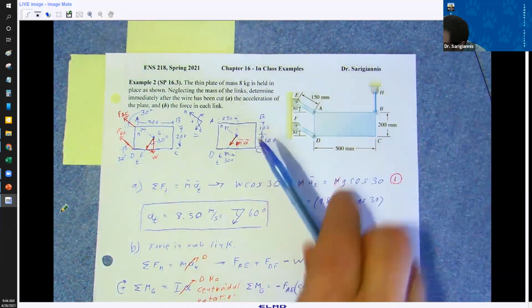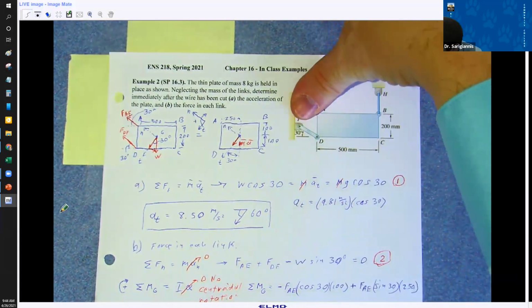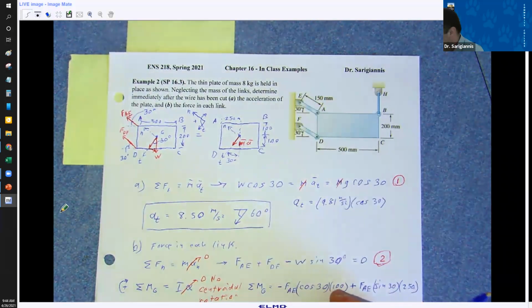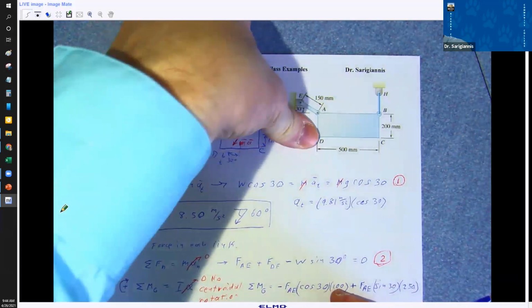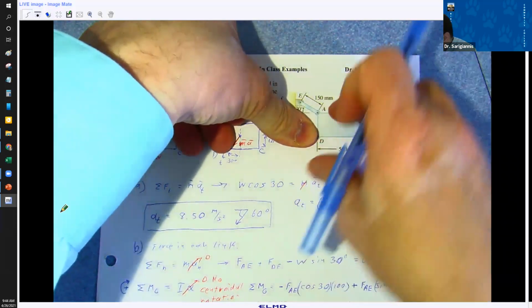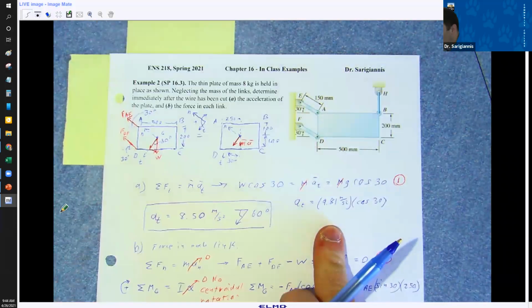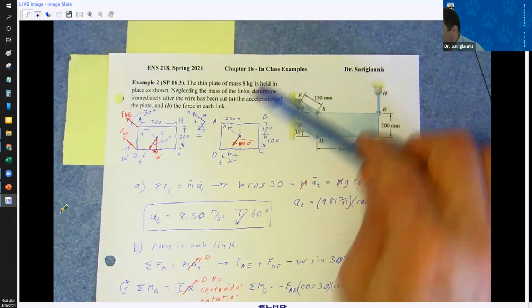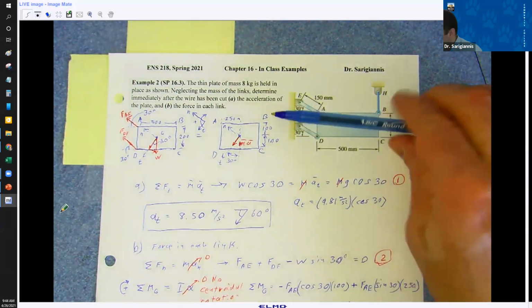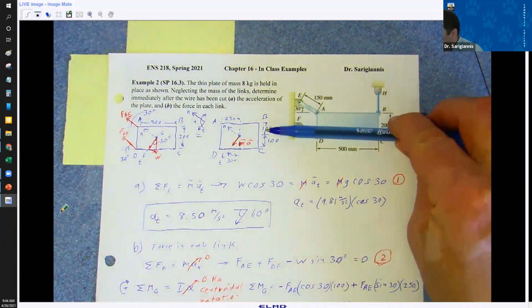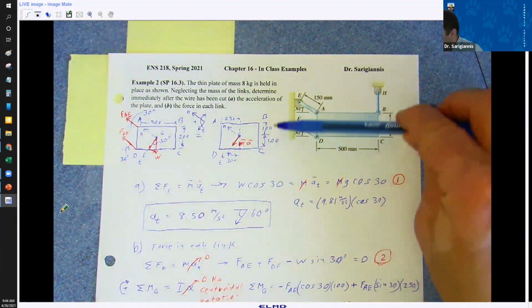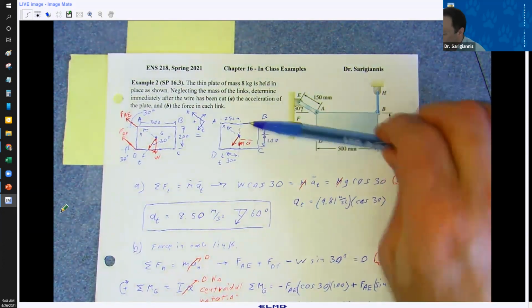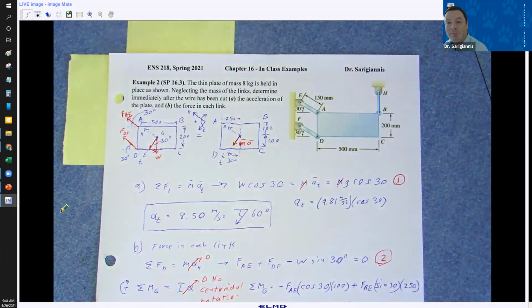It wants to tilt. Imagine A was gone, this would just flip down like that. And imagine D was gone, it would also rotate about A like that. But it's not. We've got two points, two linkages, so it stays stationary and just moves down like this. Technically it's in a straight line direction because of the linkages.